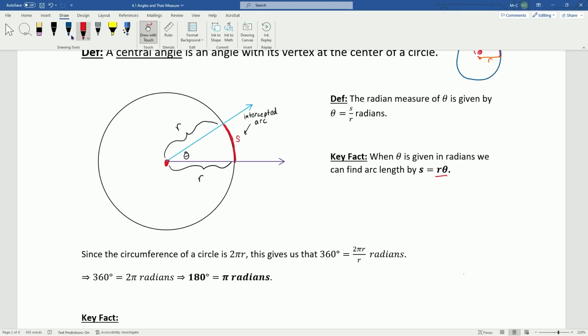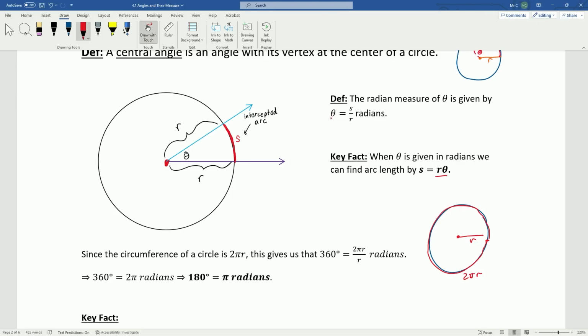So just think about the circle. You're taking the whole length along the edge, which is 2 pi r, and you're dividing that length by r. And that's going to be equal to 360 degrees.